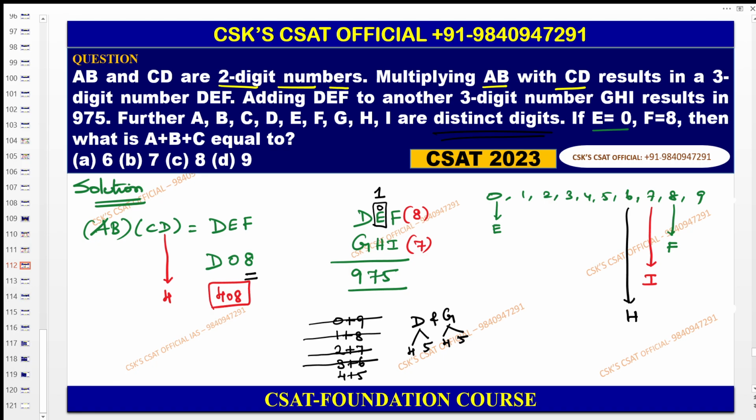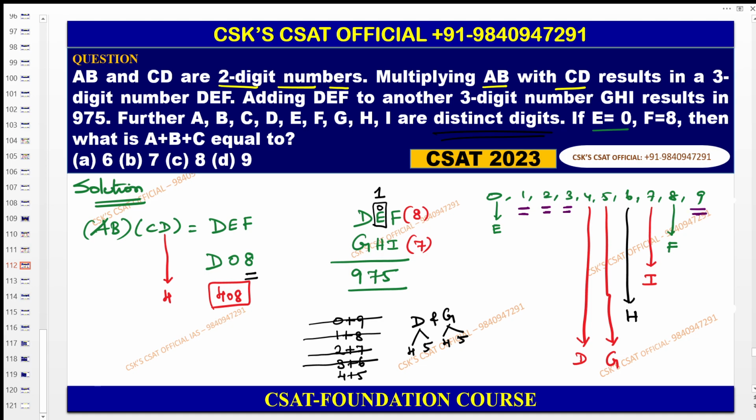The first 3 digits here are 408. So we have assigned 4 for D. Automatically 5 is for G. Now what are the left out digits here? 1, 2, 3, then 9.